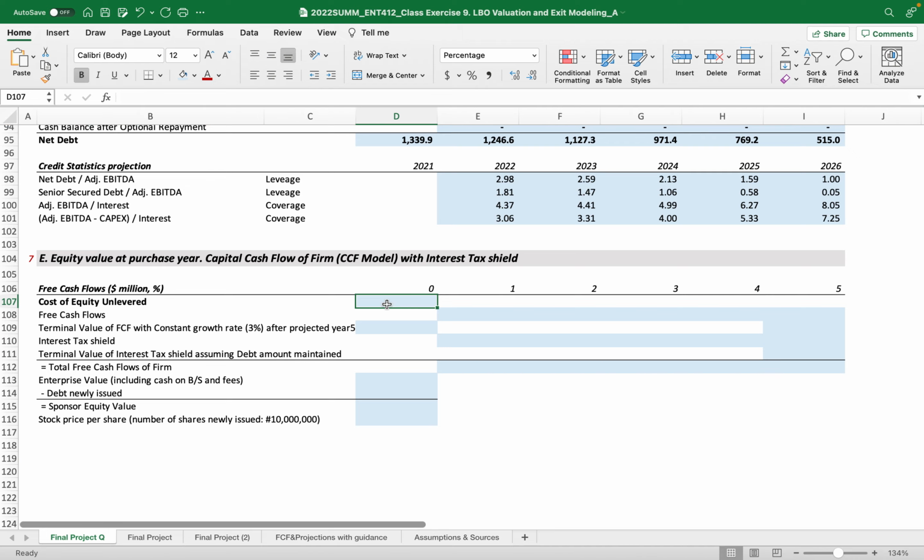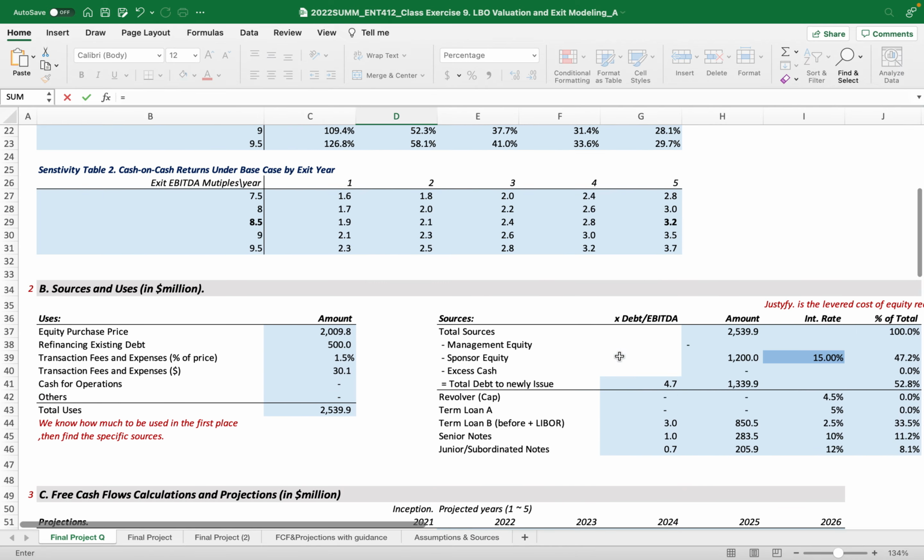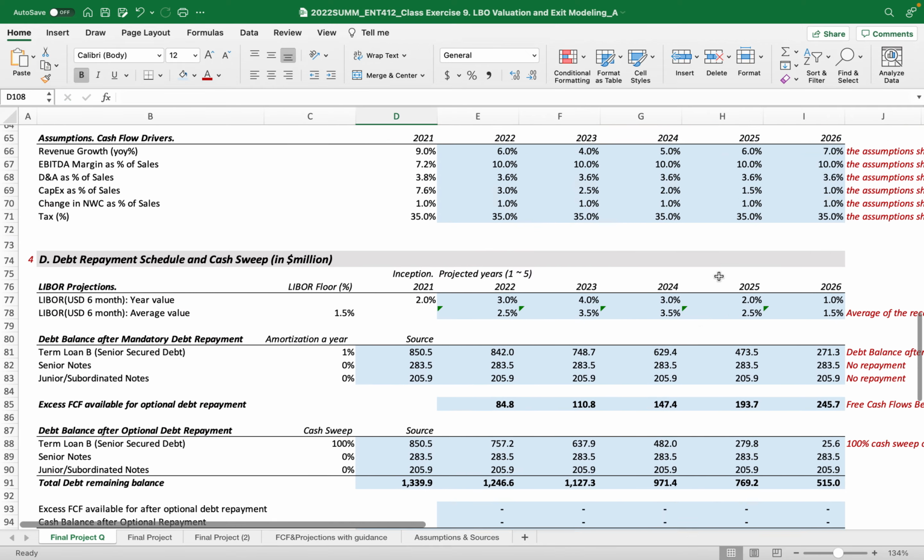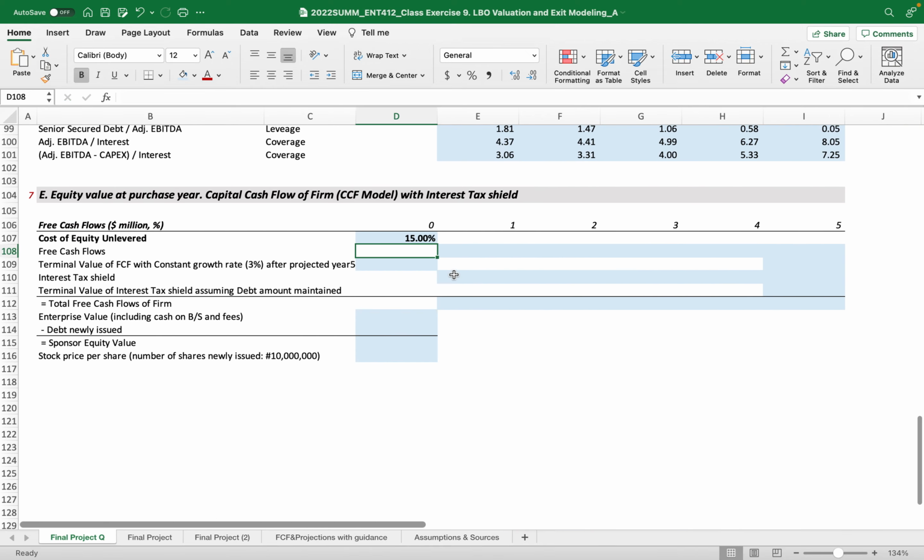So the unlevered cost of equity, we haven't finished it, because we will justify this 15% of the unlevered cost of equity in order to match this sponsor equity of $1.2 billion.